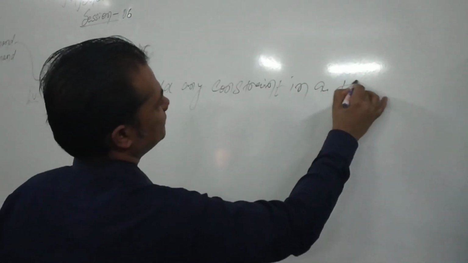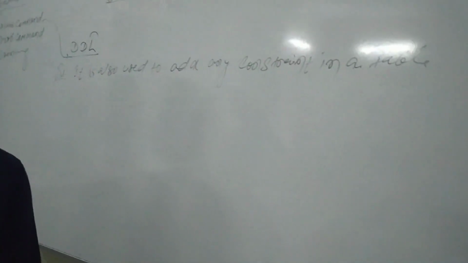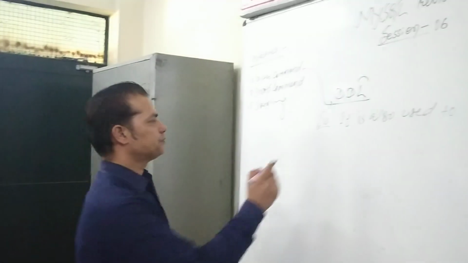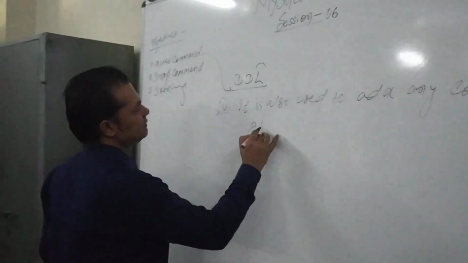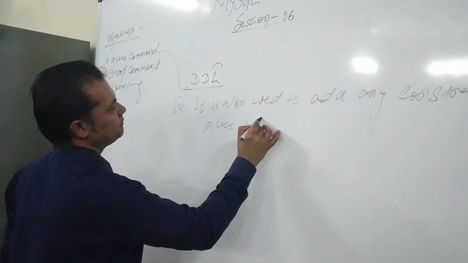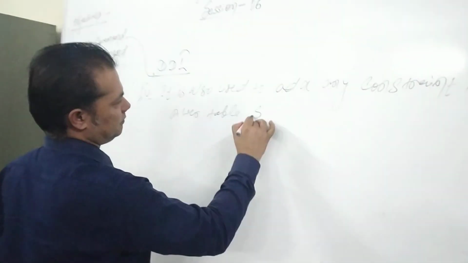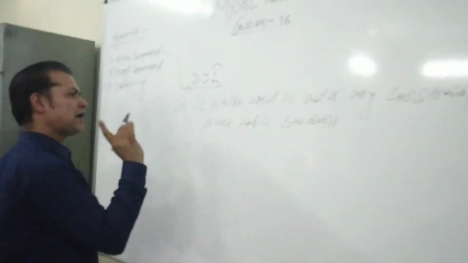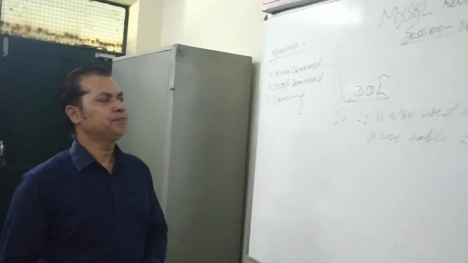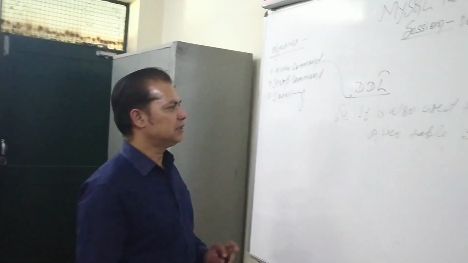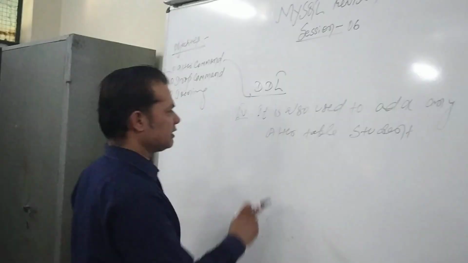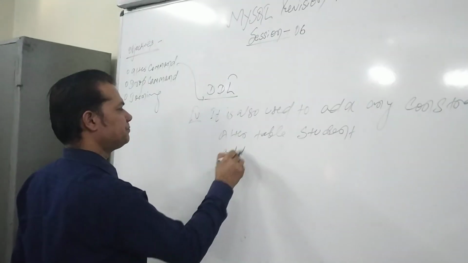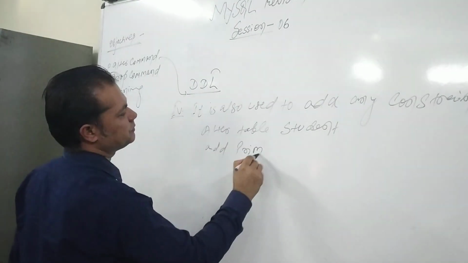Let's see how to add a constraint in an existing table. The command will be alter table name. Suppose I want to add a primary key on the field admission number with the help of the alter command. So alter table student, then add primary key.